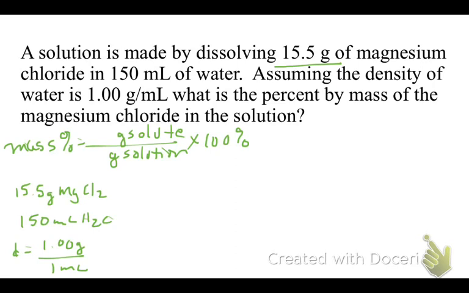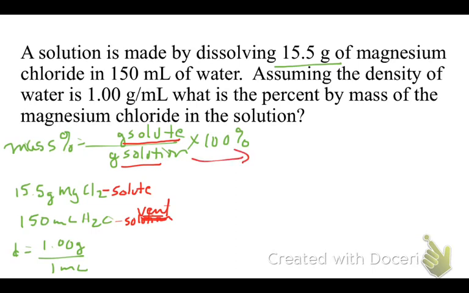Hopefully, by reading this problem, you know that this is my solute, and this is my solvent. Okay, so I already have this first part, grams of solute, that's the 15.5 grams of magnesium chloride. I need to get grams of the solution.